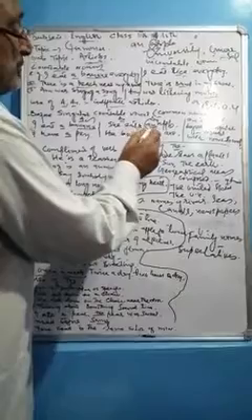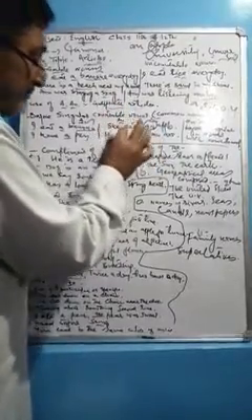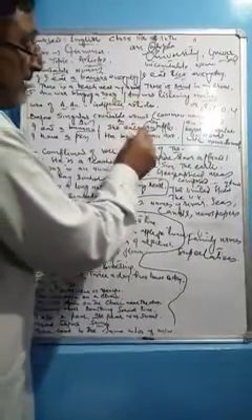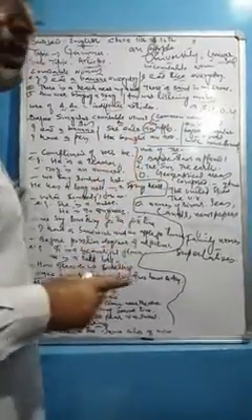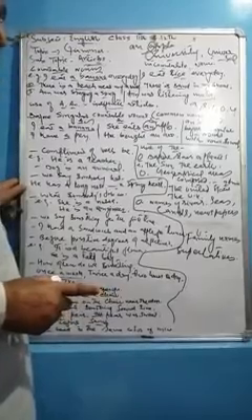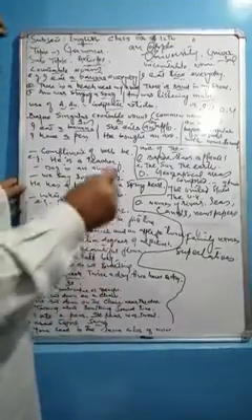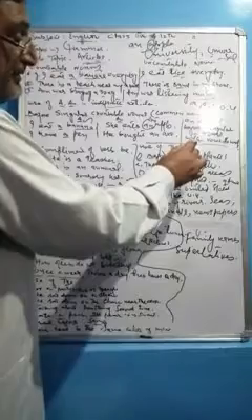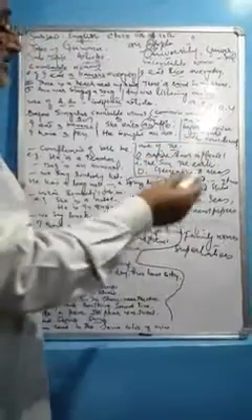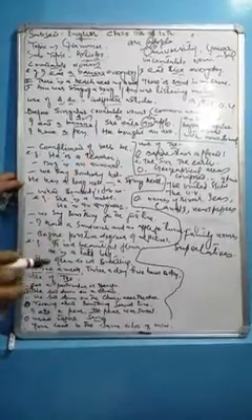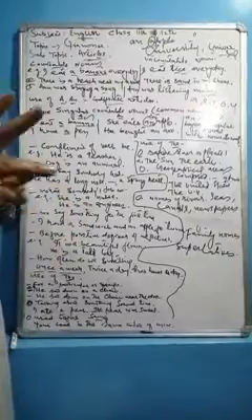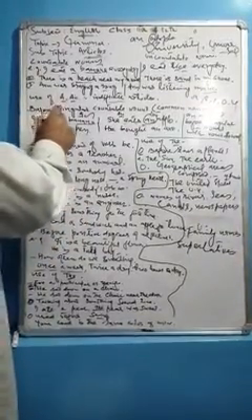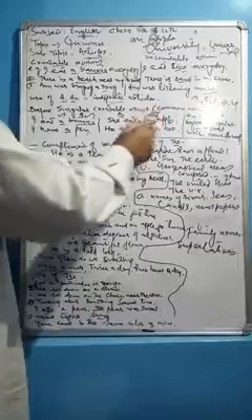So where do we use an? We use it with a singular noun when the noun is pronounced with a vowel sound. That means A, E, I, O, U. And there are 20 vowel sounds in English. Monophthongs and diphthongs. So now it is clear here that a and an signify singular. Only a signifies one, and an signifies one.